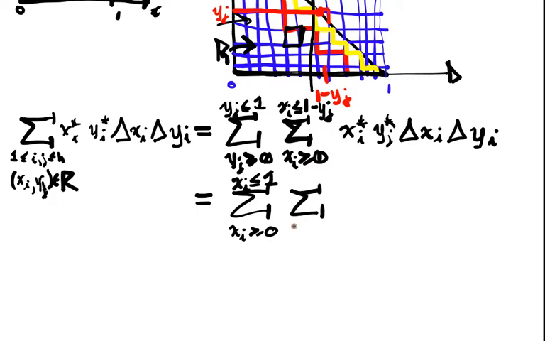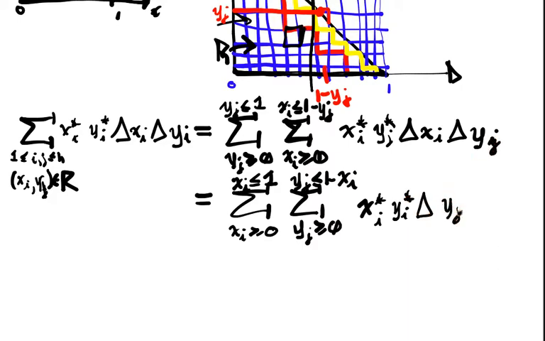Sum over, now with x fixed, yj has to be greater than 0, but yj cannot exceed 1 minus xi. Otherwise, I'm outside of this boundary. I would cross over that boundary. So xi star, yj star, now I have delta yj, delta xi.